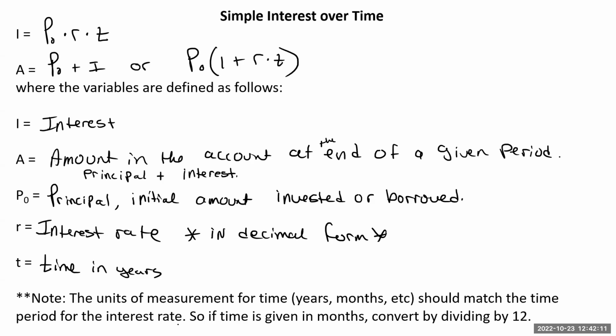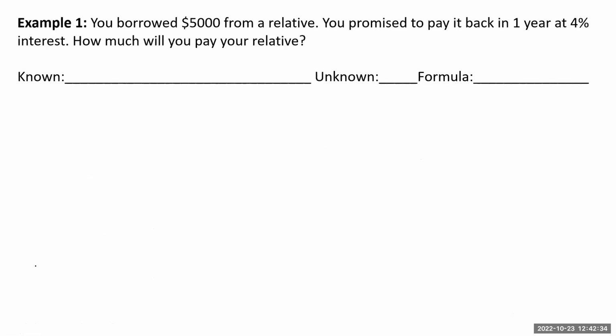So you will see, it's almost always an interest rate for a year. So sometimes, though, you'll be given a time value in months, and you'll need to get that converted into years. And you can, again, do that by dividing the number of months by 12, because there are 12 months per year. All right, so let's go ahead, guys, and do some example problems on simple interest.